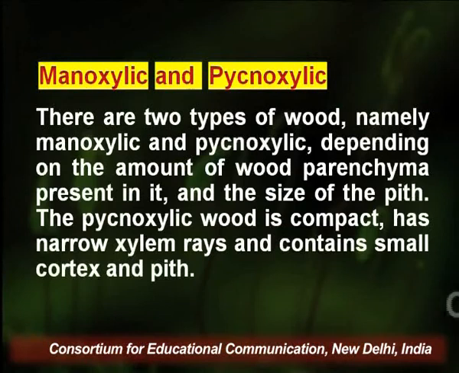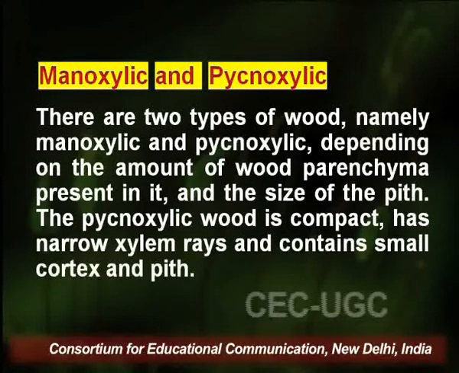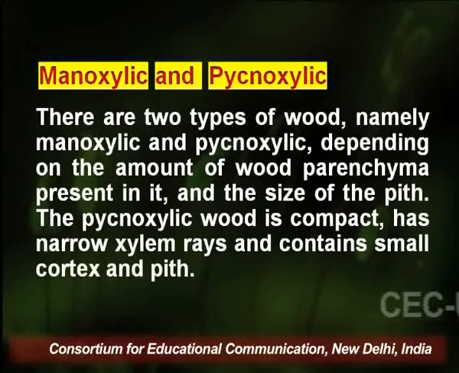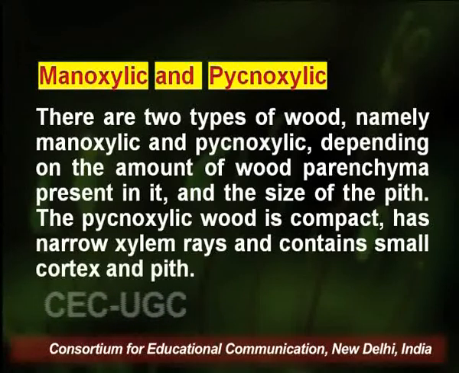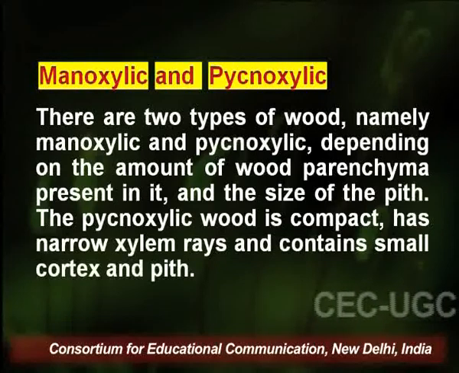If we talk about monoxylic and pycnoxylic woods, depending upon the amount of wood parenchyma present in it and the size of the pith, the wood could be called as monoxylic and pycnoxylic. The pycnoxylic wood is compact and it has narrow xylem rays and contains small cortex and pith.